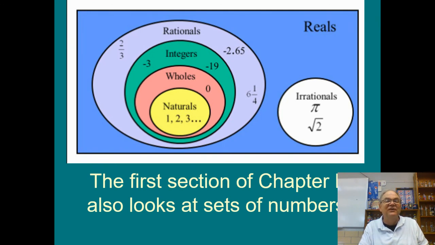We learned about things like natural numbers, where it's like 1, 2, 3, 4, 5, whole numbers, where you toss in 0, integers, which is like positive and negative whole numbers, rational numbers, anything you could write as a fraction or a mixed number, irrational numbers, which was all the weird stuff like pi and square roots, and of course reals, which was everything that you could write on a number line.